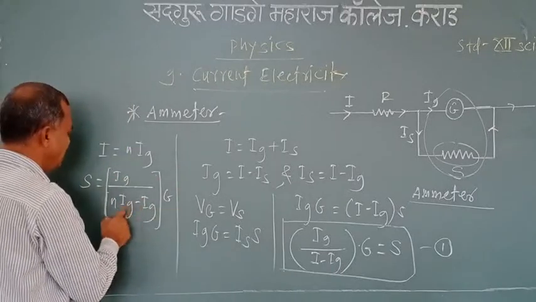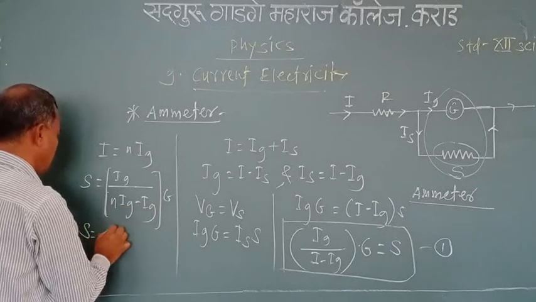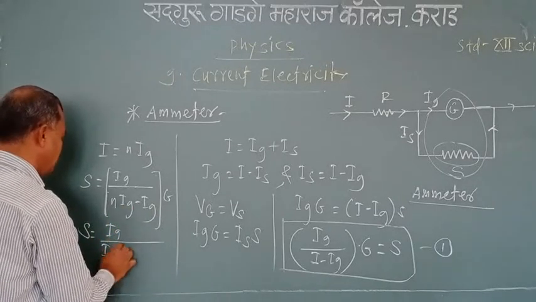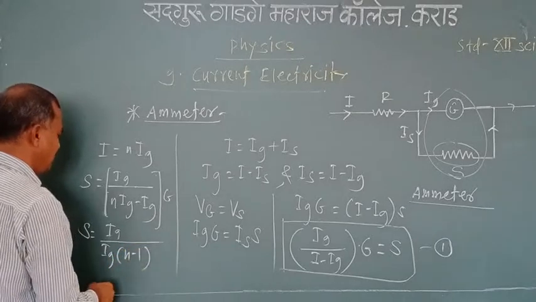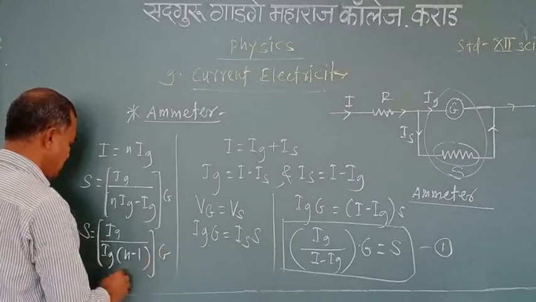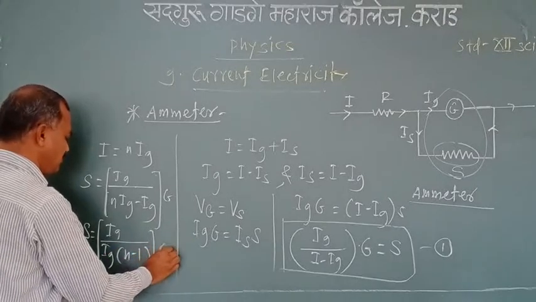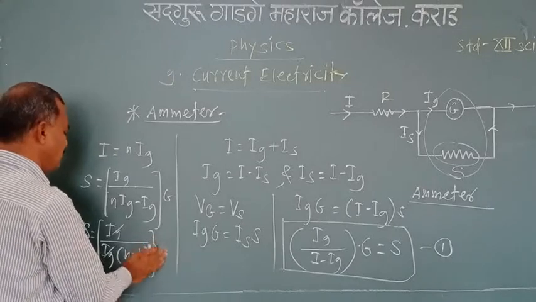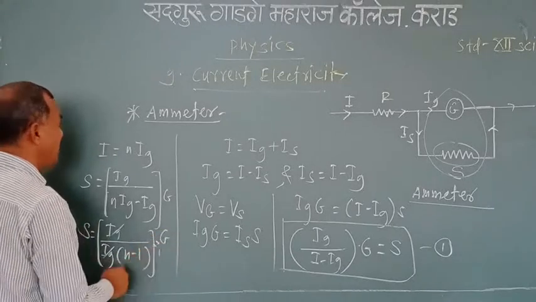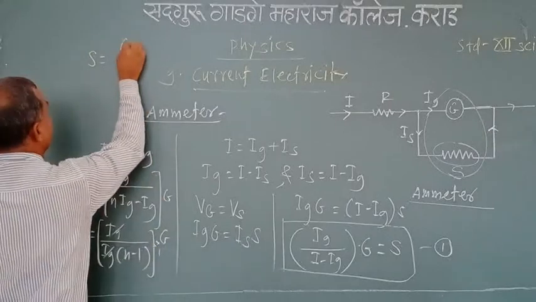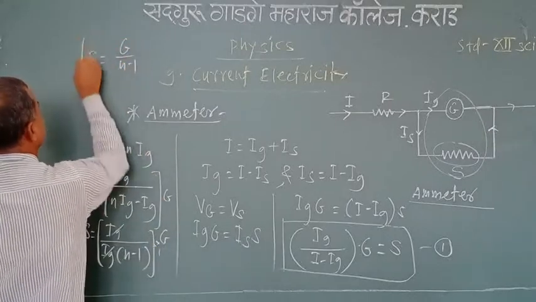Here we take common Ig. S equal to Ig divided by Ig into bracket N minus 1, into G. Here Ig gets cancelled. Therefore S equal to G divided by N minus 1.